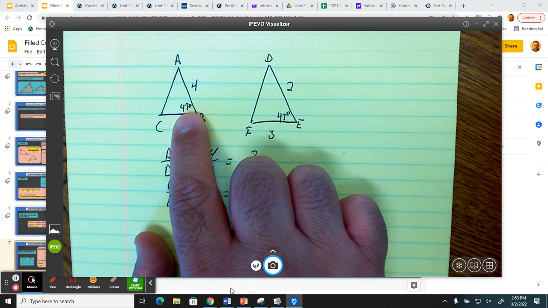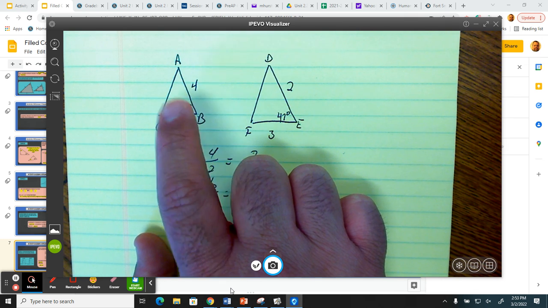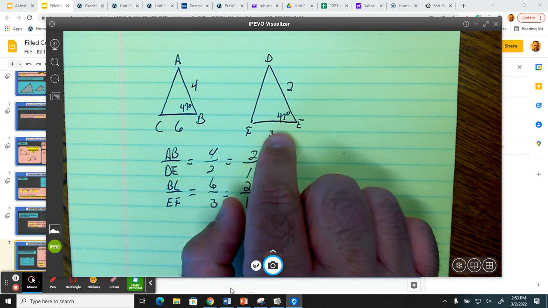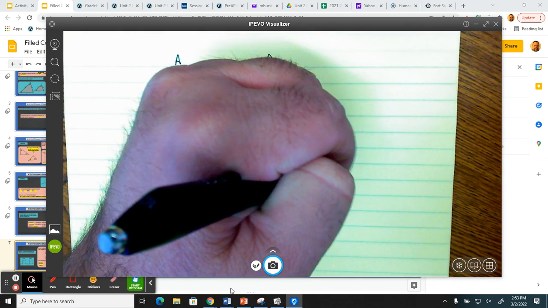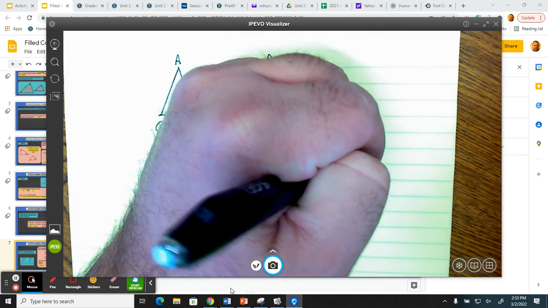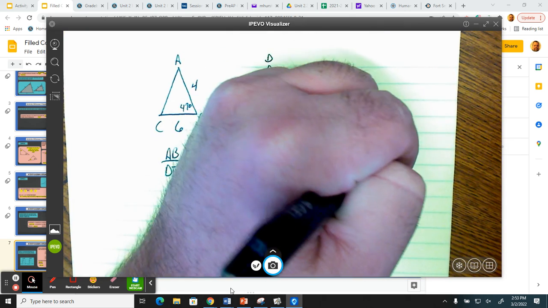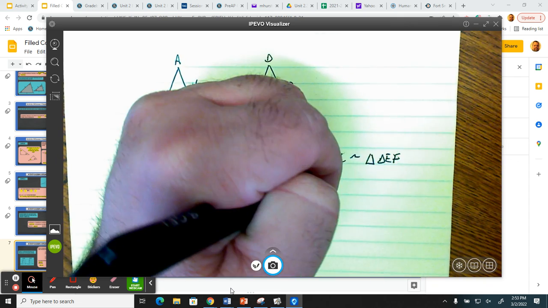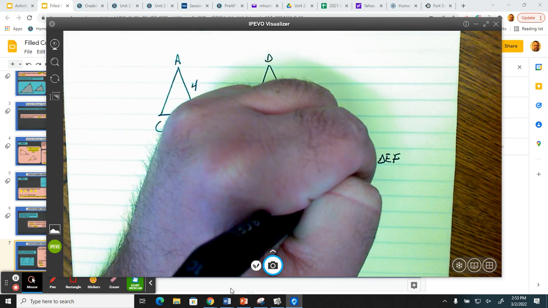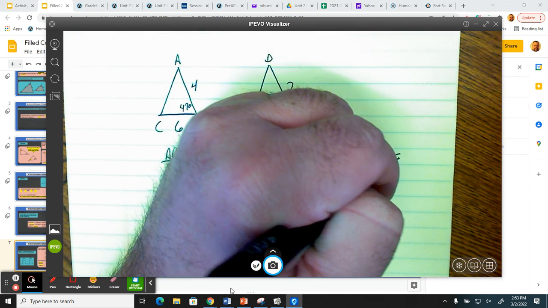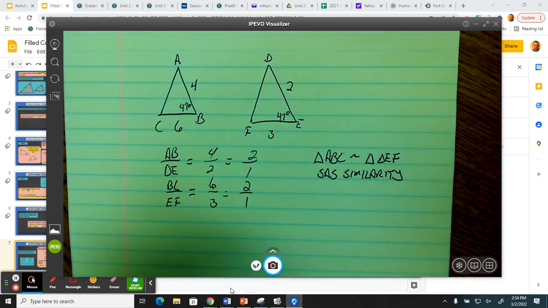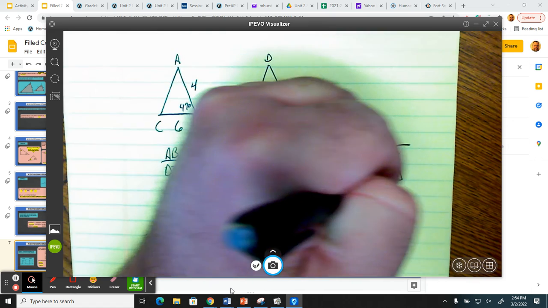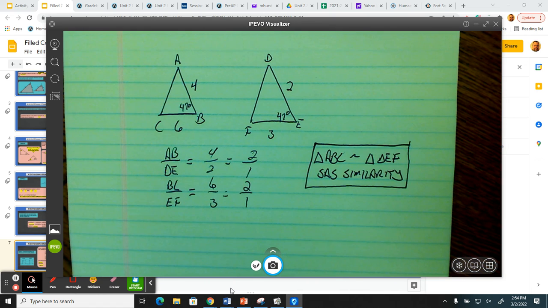Are these angles the same? Yes. So I can show that triangle ABC is similar to triangle DEF because of SAS similarity.